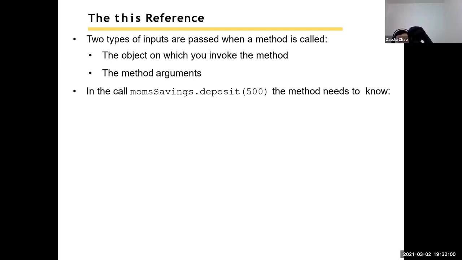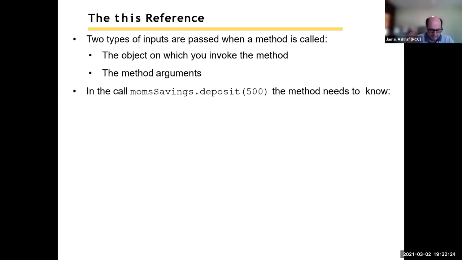How much are you depositing? Okay, so I need to know how much you are depositing. What else do I need? The current balance? I don't need to know the current balance for a deposit. I'm just going to add it to the current balance, whatever it is. What else do I need for deposit? Which account? Yes, which object am I depositing to?